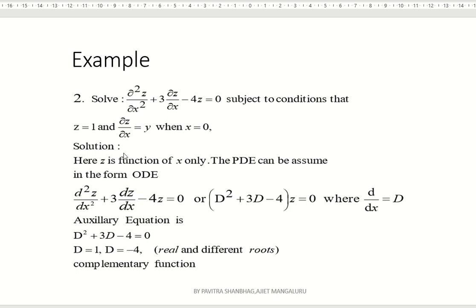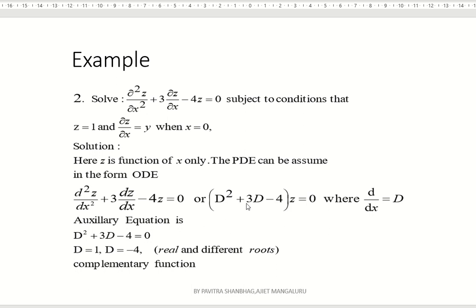So this PDE can be written in the form of an ODE, that is d square z by dx square plus 3 dz by dx minus 4z equal to 0, or (D square plus 3D minus 4) z equal to 0, where d by dx equals capital D. Now what is the auxiliary equation?